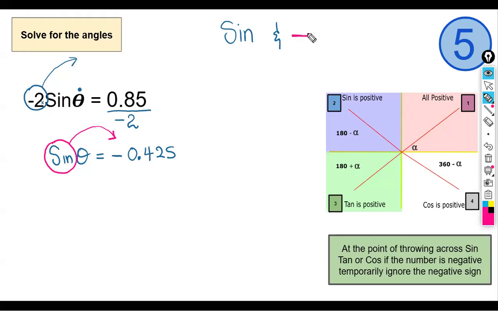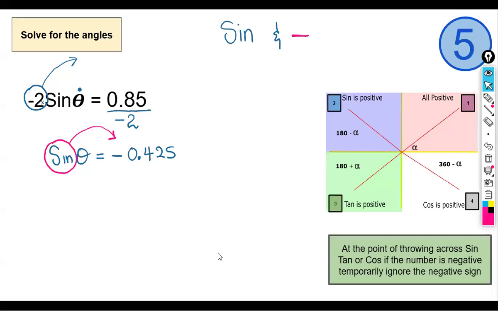So don't jump the gun too fast when you're deciding whether it's a positive or a negative question. You think you all can finish out the question from here now, knowing that it is a negative, temporarily ignore the negative, and then ask yourself, hey, where is sine negative? And use all three decimal places, the 42 and the 5. Right? So we all get the same answer.